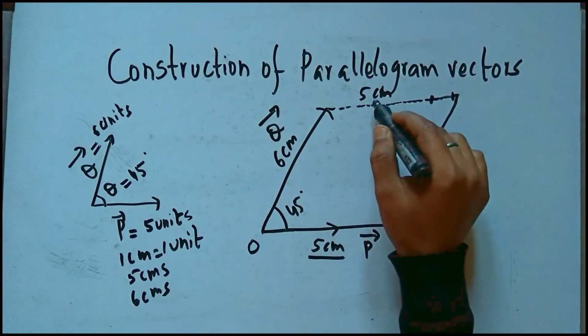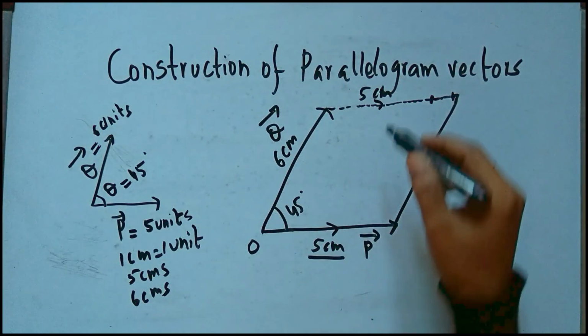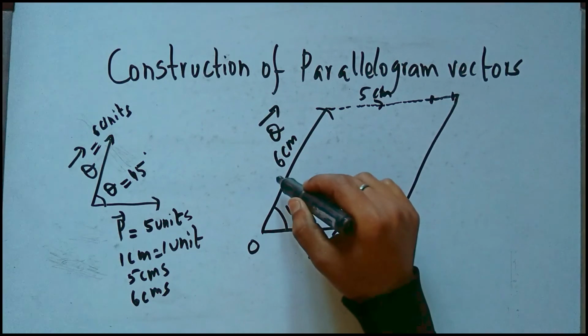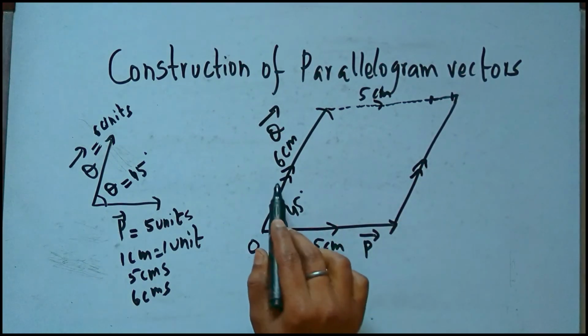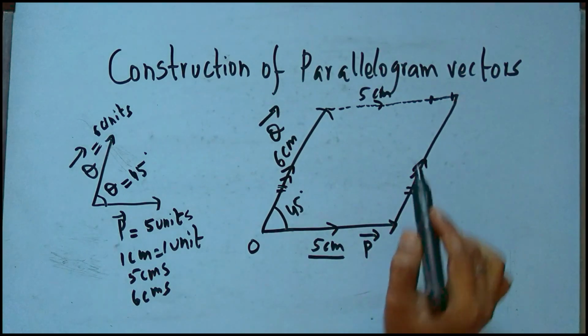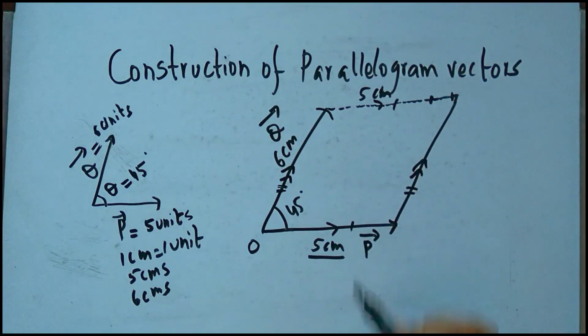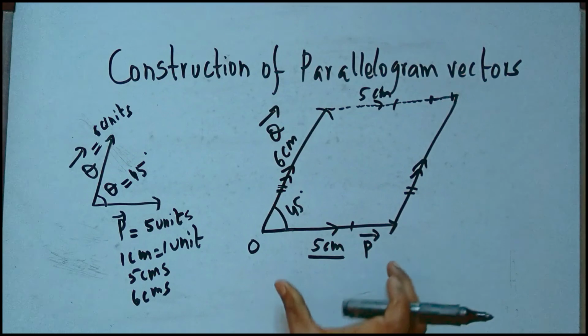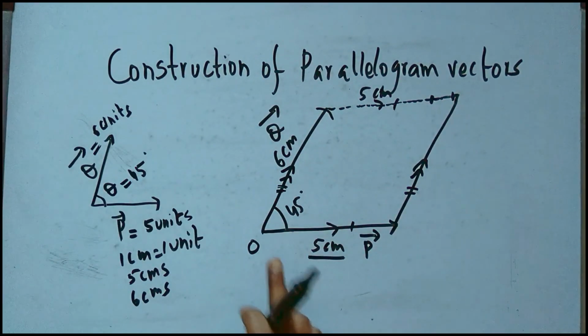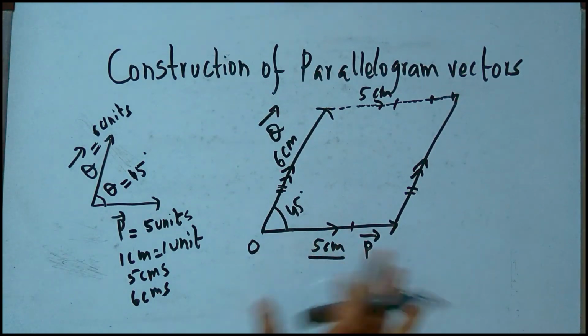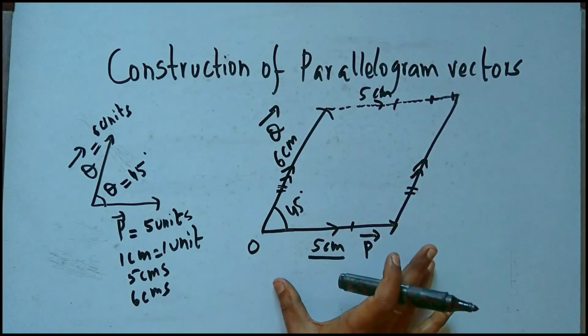So these two sides are the opposite sides of a parallelogram, and these two sides are the opposite sides of a parallelogram. These two sides are equal and these two sides are equal. Hence this P vector and Q vector are the two sides of a parallelogram, and now we have successfully constructed a parallelogram.